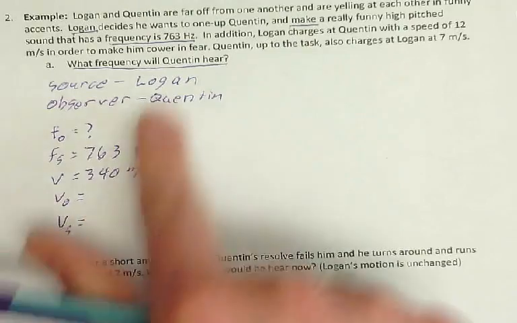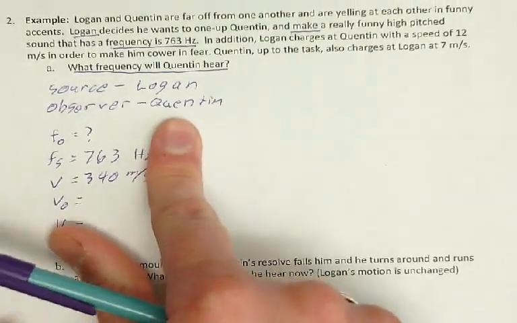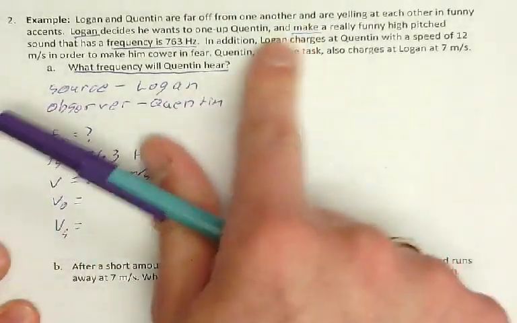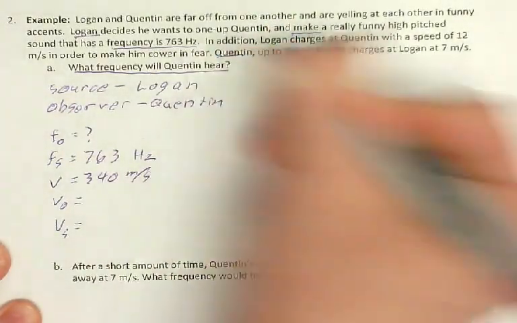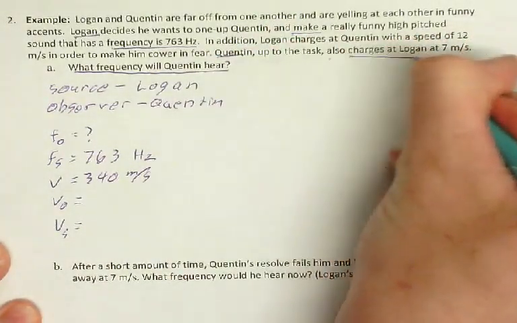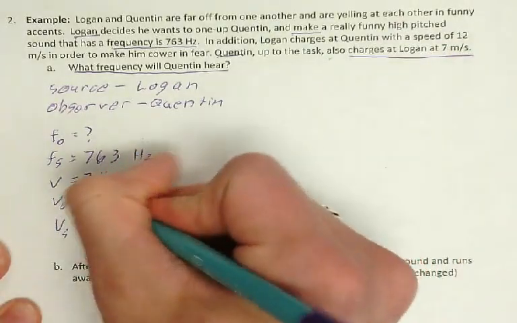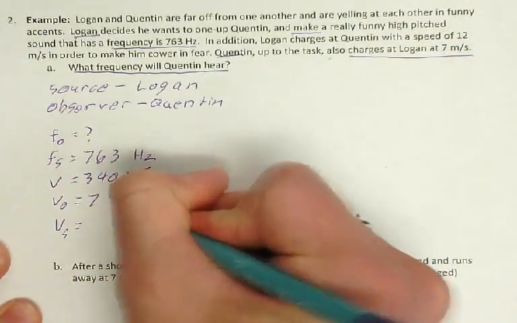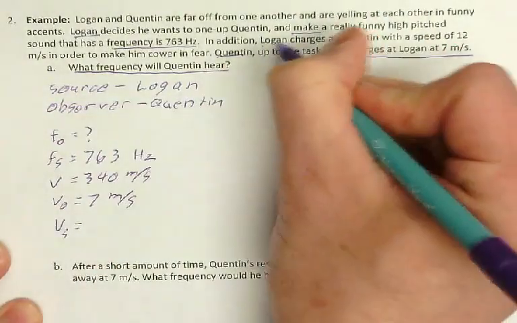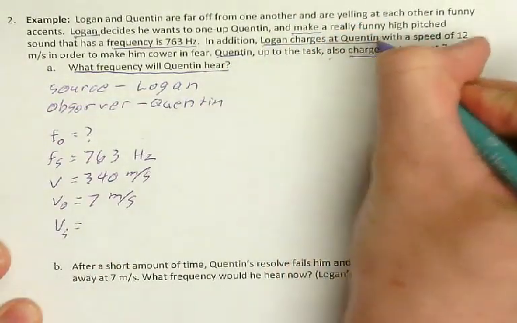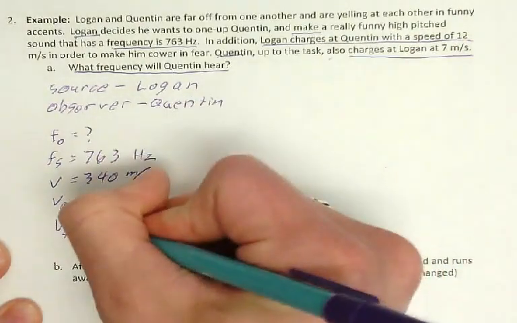Okay, VO is the observer's speed. Quentin is the observer. How fast is Quentin going? So Quentin charges at Logan at 7. So the observer's speed is 7. And Logan, who's the source, charges at Quentin at 12.